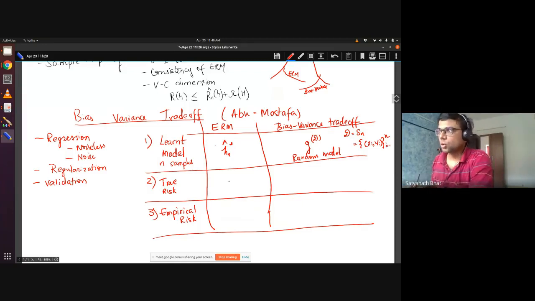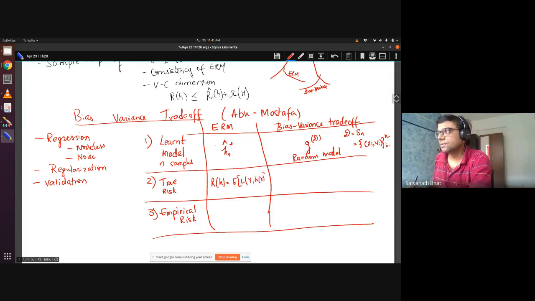Then true risk, we called it R of h. For a given model, we called the true risk R of h. This was defined previously as the expected value of the loss of y, h of x.